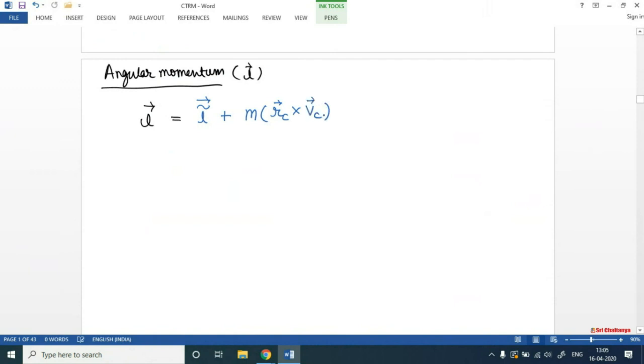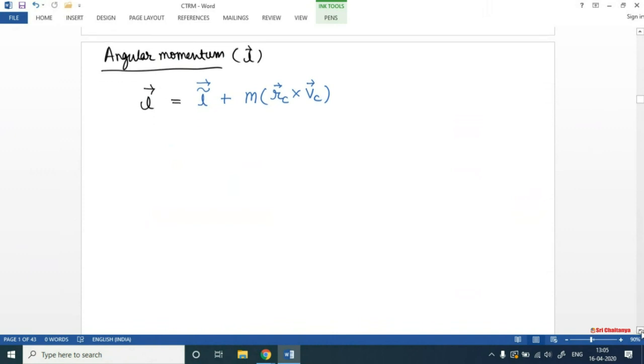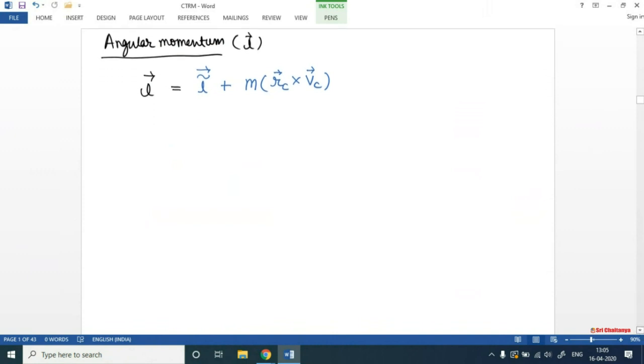So we have learned about this expression in previous classes. Basically this term is the rotational form of the angular momentum, and this would be nothing but the angular momentum of the rigid body about an axis passing through the center of mass, and this is the angular momentum component due to translation.